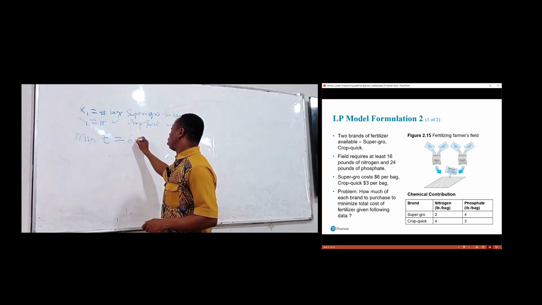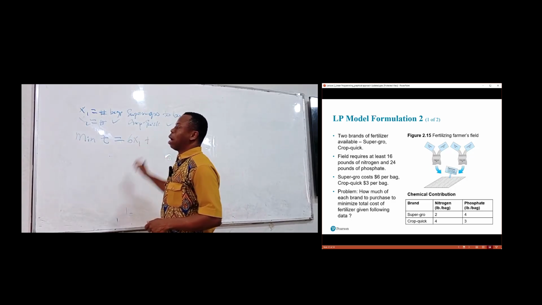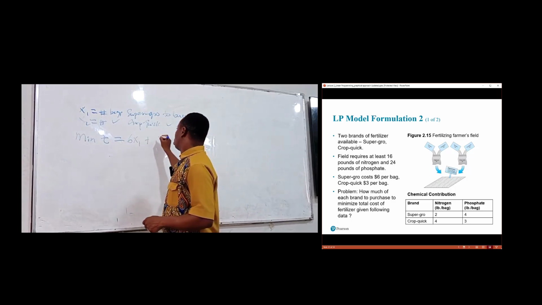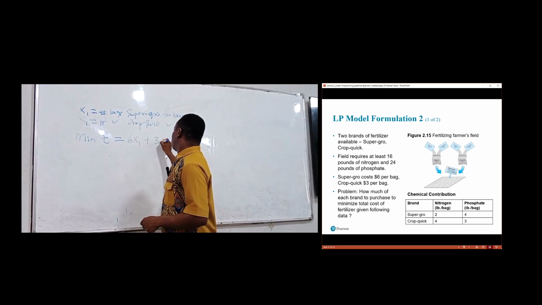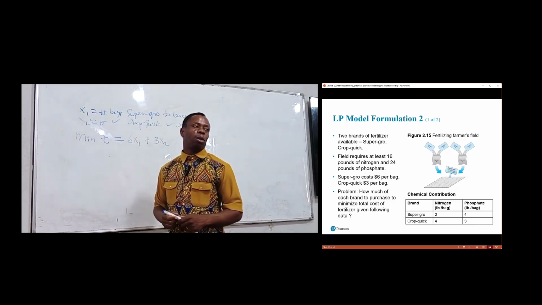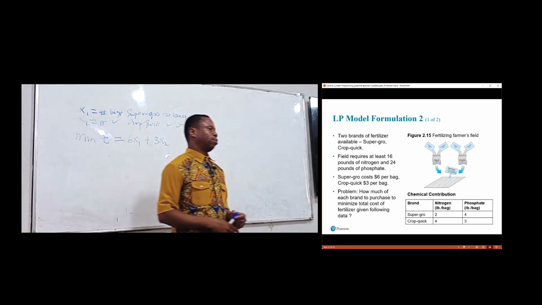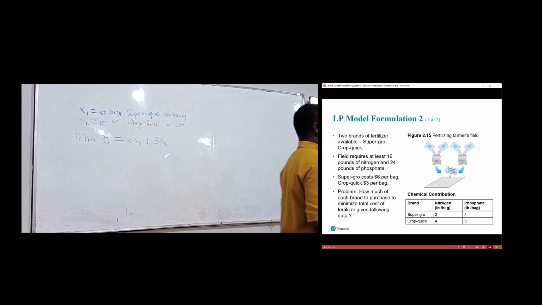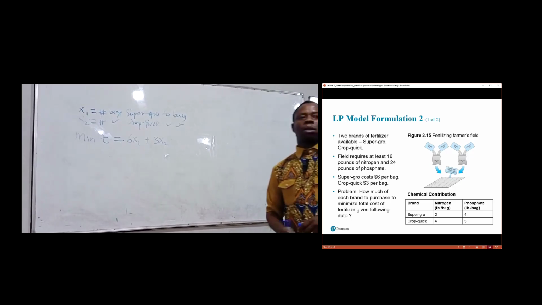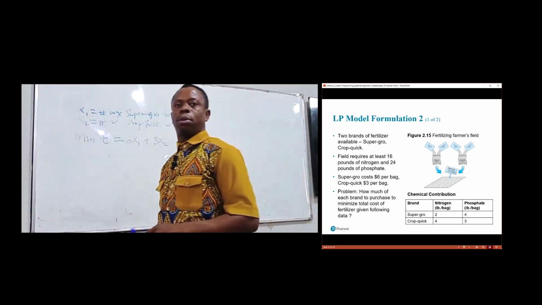So 6x1 plus what? 3x2. That's the objective function. Are you with us?